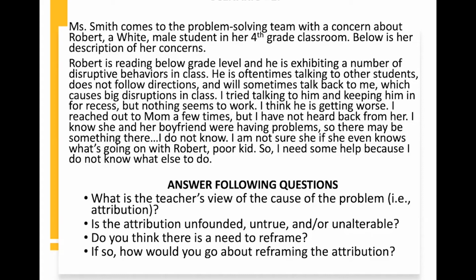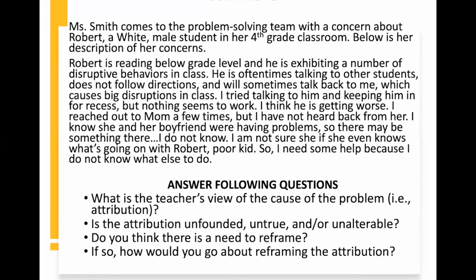So I want you to read that and reflect on these questions. What do you think is the teacher's view of the cause of the problem here, like the attribution? What do you think that the teacher thinks is the reason why Robert is having these difficulties? Is that deficit-based, meaning that it's manifesting in unfounded, untrue, unalterable attributions?